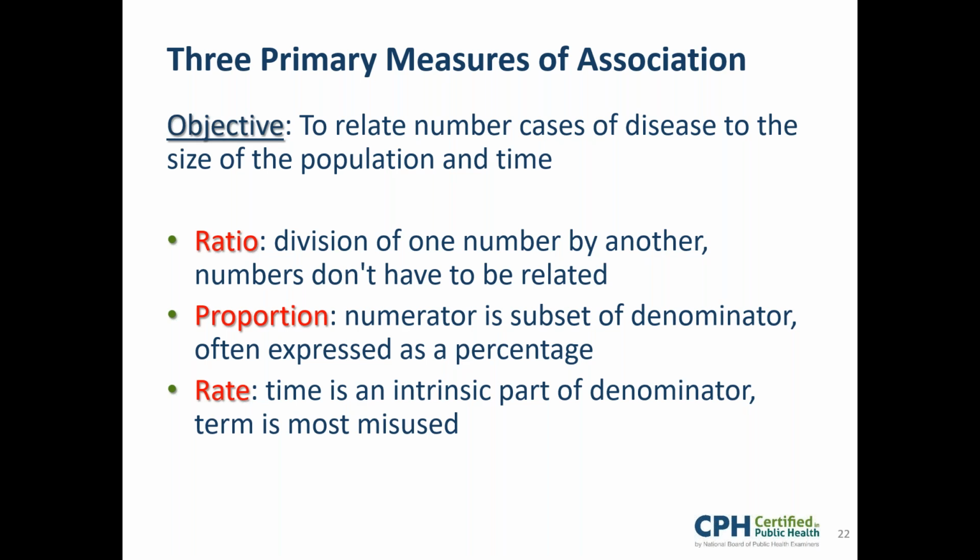A rate is also one number divided by a number, but time is incorporated into the denominator. So one rate that most people are familiar with is miles per hour. That's a common rate that we use every day. A commonly used rate in epidemiology is the mortality rate, or the proportion of deaths occurring over a span of time in a population. Next slide, please.